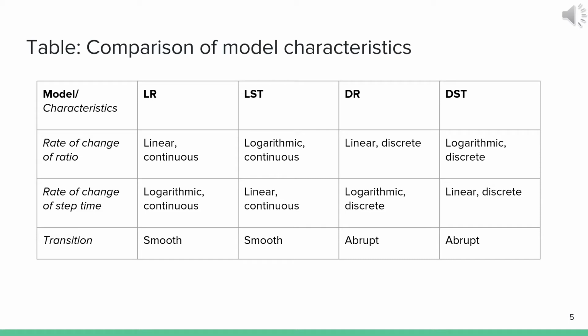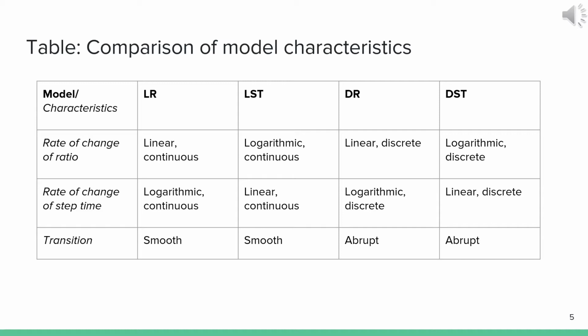Now, that is basically just because if we're measuring ratio, then the models that measure ratio will be linear. If we're measuring step time, then the models that measure step time will also be linear.